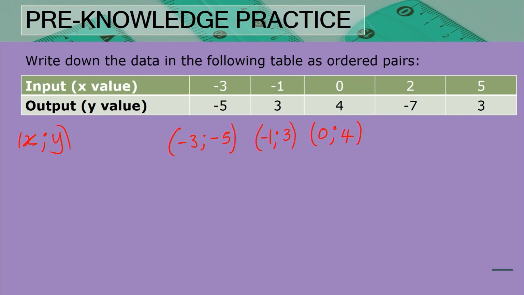Then the next one has 2 as the x value and -7 as the y value. And lastly, we have 5 as the input and 3 as the output. So the table has now been written as ordered pairs, where the x value comes first and then the y value follows.